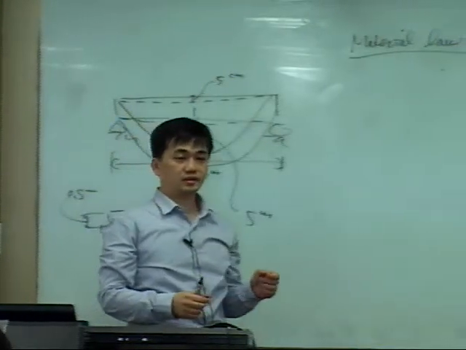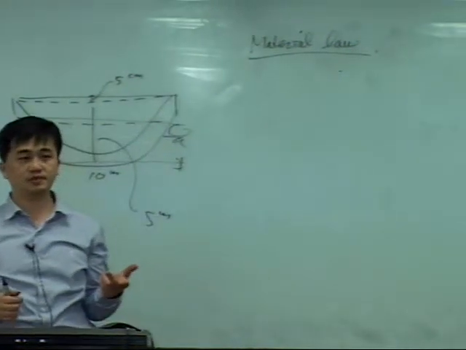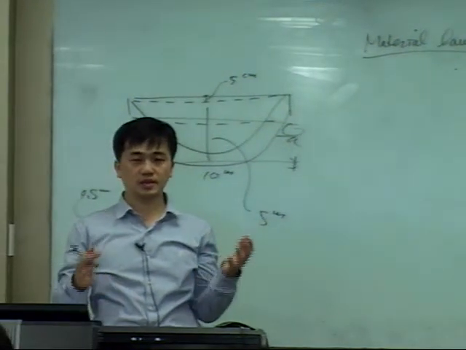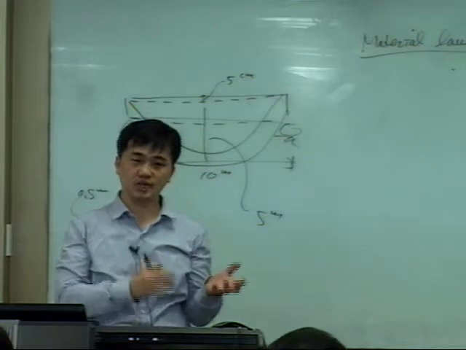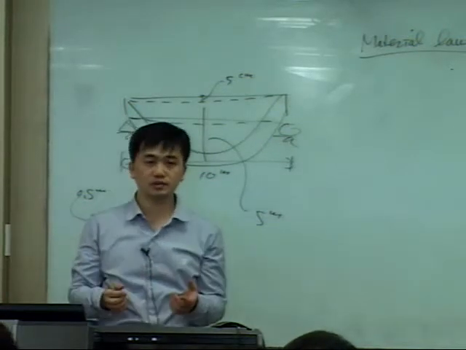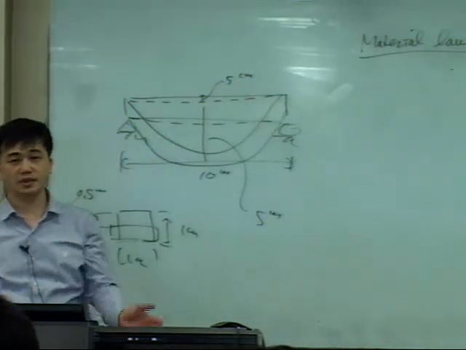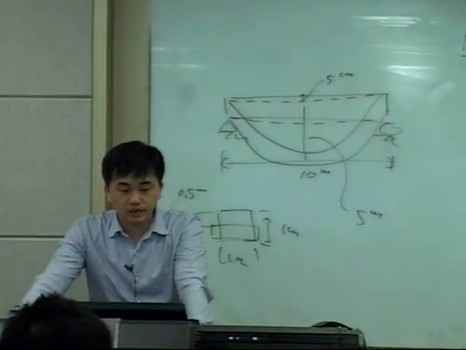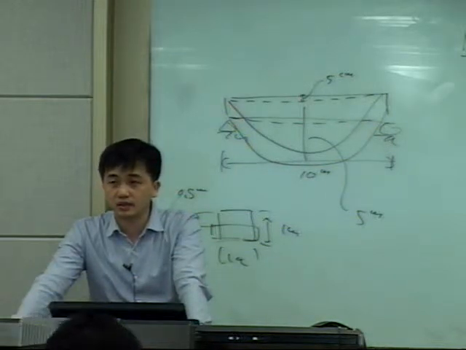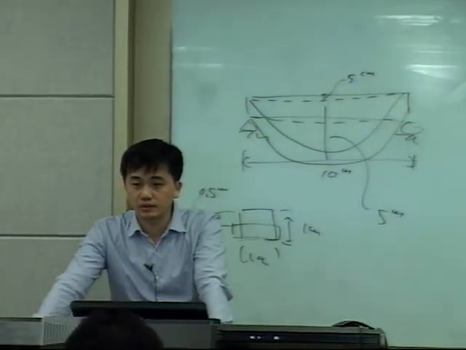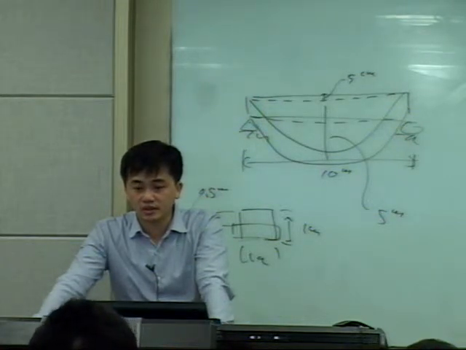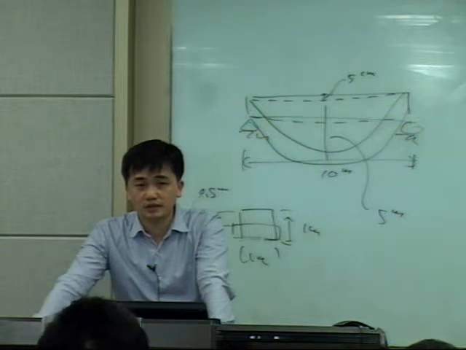Strain can be calculated from the displacements U, V, and W. That gives us a relationship between the strain and displacement. So we know the relation between strain and displacement, and we also know the local equilibrium equation, and we also know stress transformation, right? But I have never talked about the relation between stress and strain.